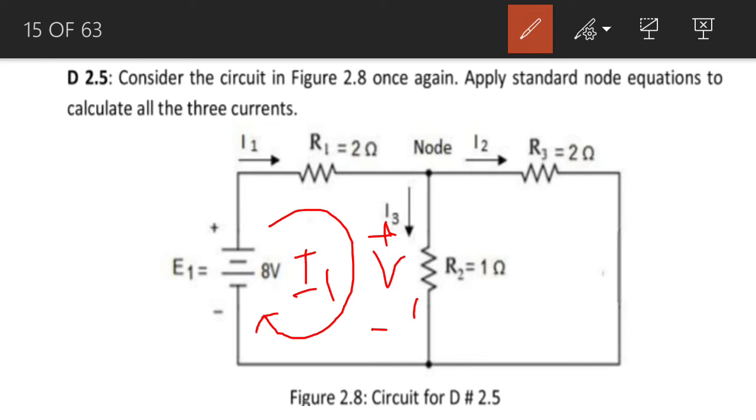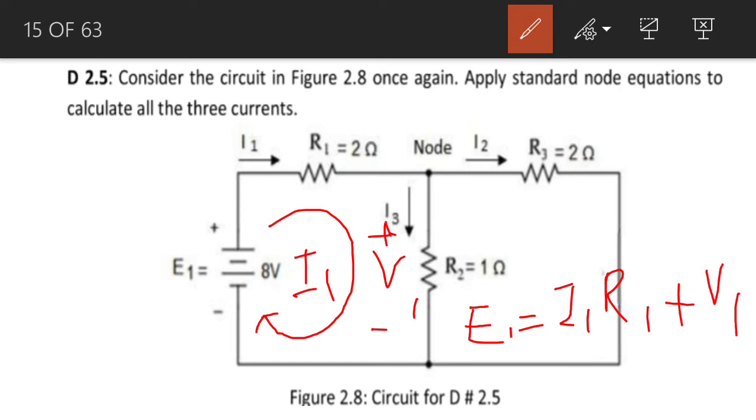If we apply KVL to this particular loop, according to KVL, the sum of the voltage rises will be equal to the sum of the voltage drops. So E1 is the voltage across the source, which is a voltage rise. I1 R1 is the voltage drop across the resistor R1, and V1 is the voltage drop across the resistor R2.